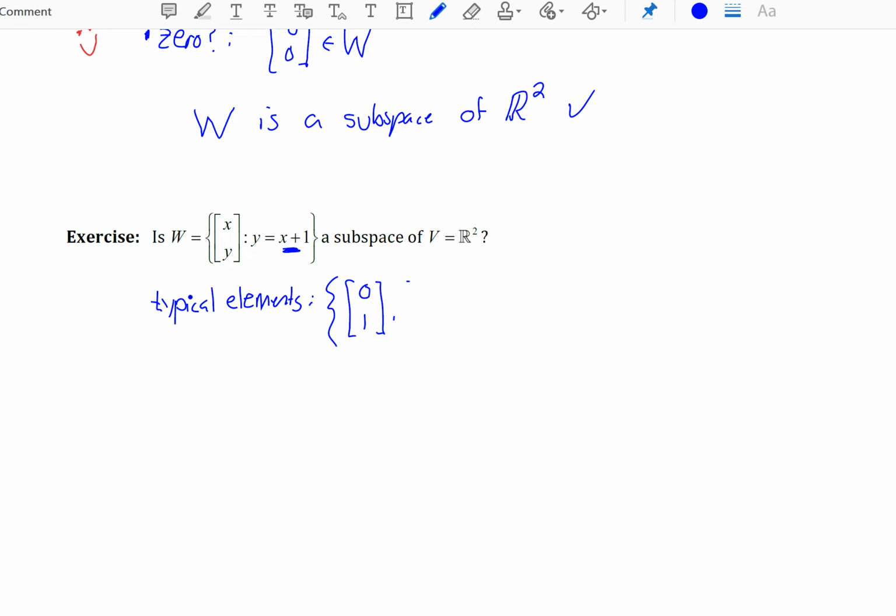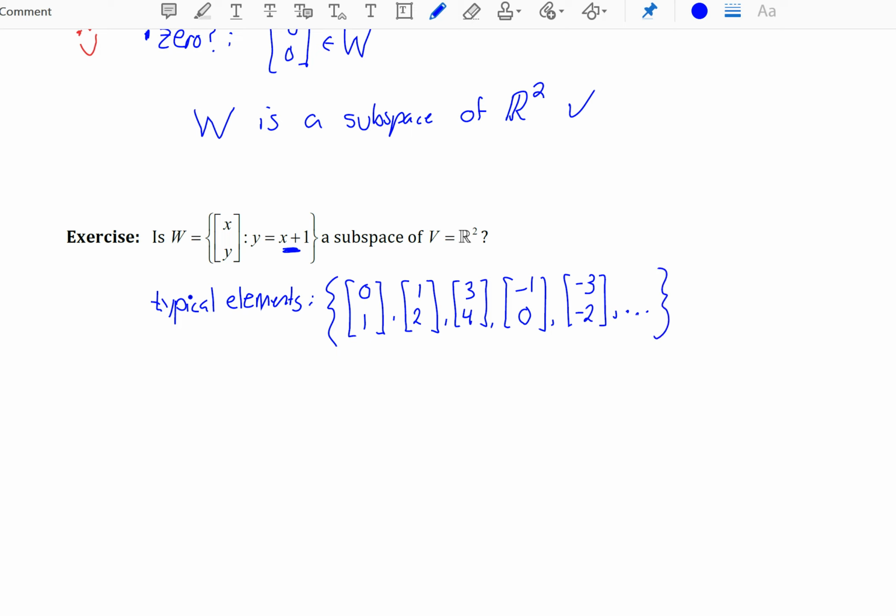If X is 1, Y is 2. If X is 3, Y has to be 4. If X is -1, Y is 0. If X is -3, Y has to be -2. So here are what some elements of W might look like.